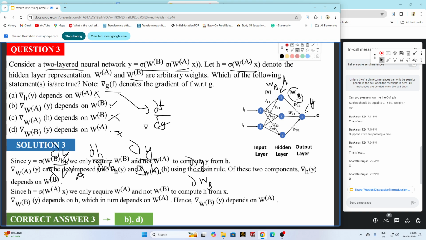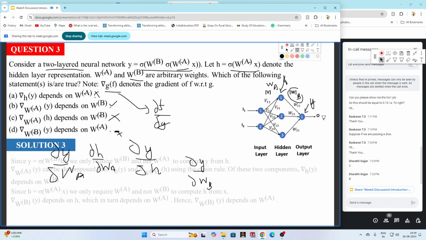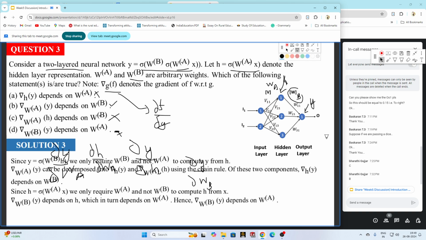So B and D are correct. How is D correct? Del Y by del WB depends on WA. How does del Y depend on WA?